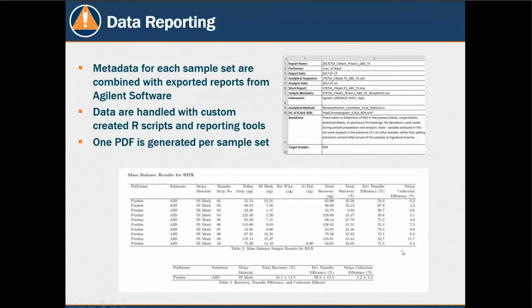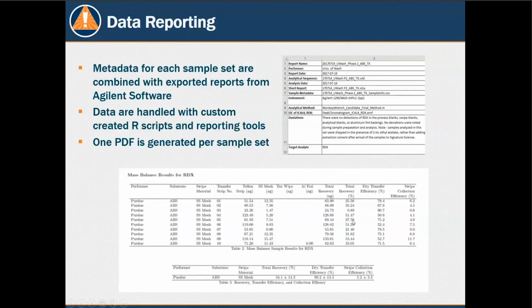And you can also see that there was a lot of variation. Here's ABS plastic, and we were putting RDX on ABS plastic, and dry transfer efficiency ranged from 52% up to 90% sample to sample variation, and the swipe collection efficiency varied from basically nothing to about 12%.